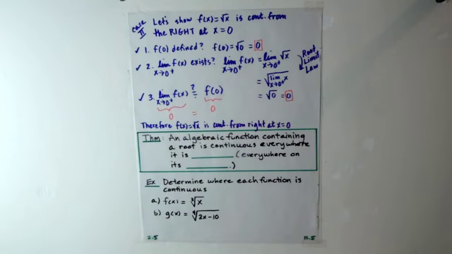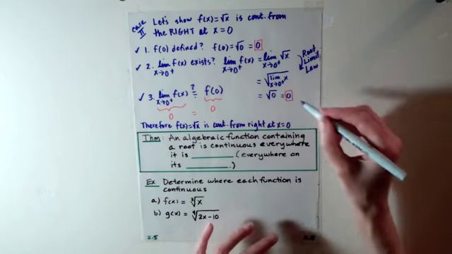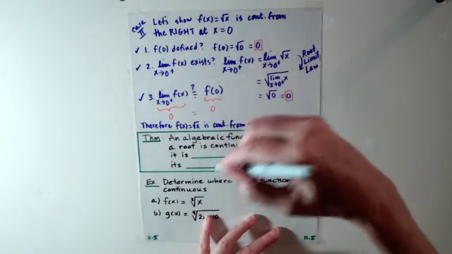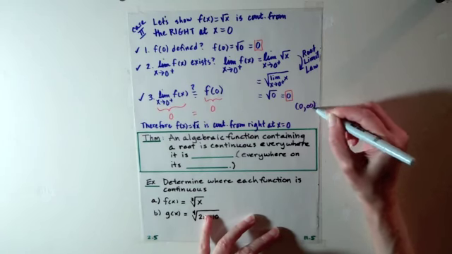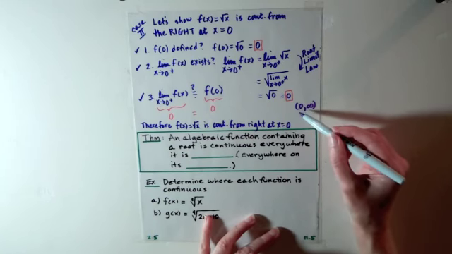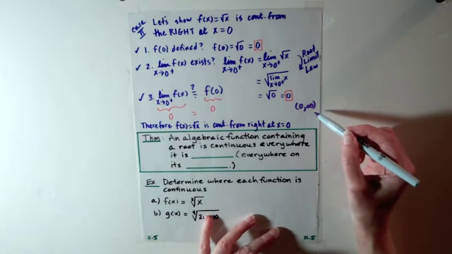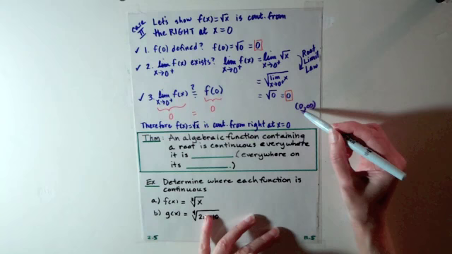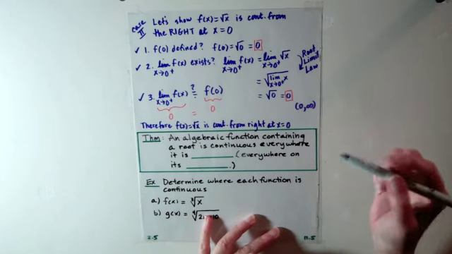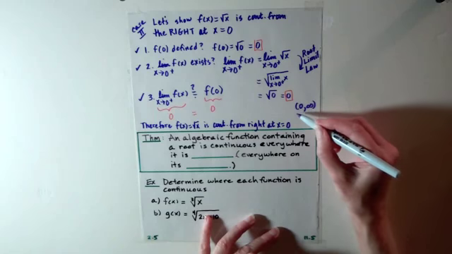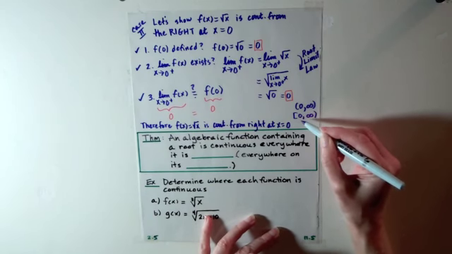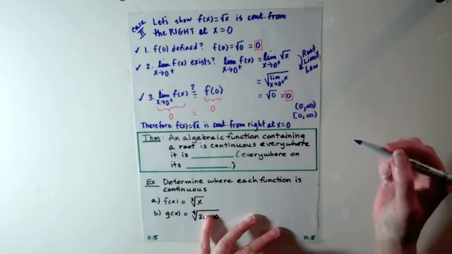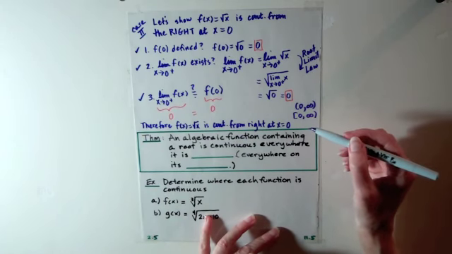And what does that mean? That means that, remember in case 1 on the previous page, we already showed that f was continuous on the open interval from 0 to infinity. Now we've also shown it's continuous from the right at 0. And how do we write that? We can go ahead and say that f is continuous on this interval where we put a square bracket next to the 0, and that's because f is continuous from the right at 0.